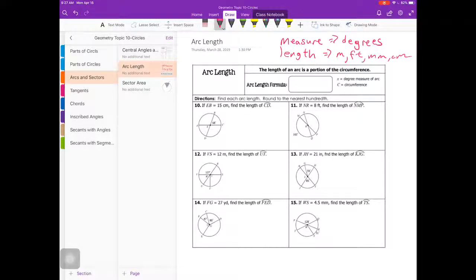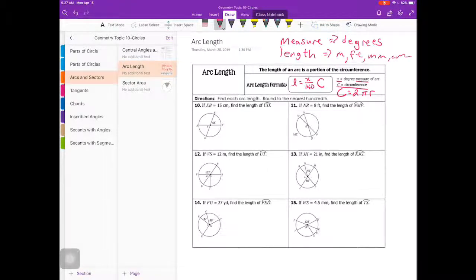Now, the arc length formula is on your dictionary page, and it is L equals x over 360 times C. And x is the degree measure of the arc, and again, that's degrees, and C is your circumference. And in case you needed to remember, C is 2 pi r.